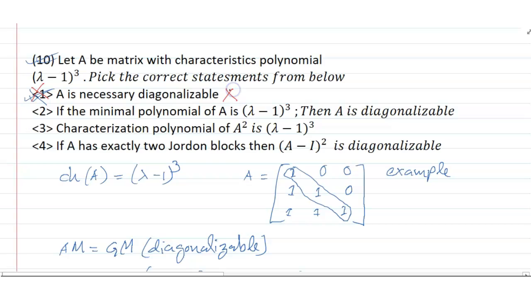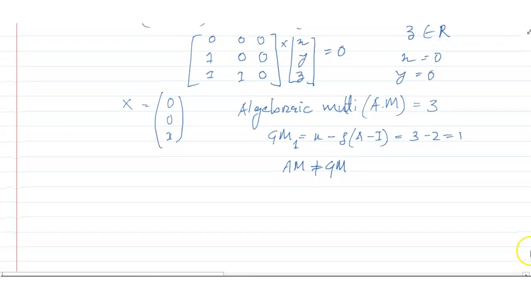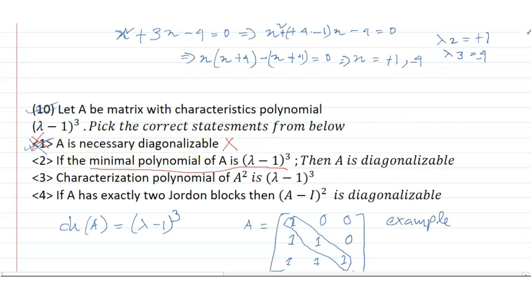This is wrong. Next question: if the minimal polynomial of A is (lambda minus 1) whole cube, then A is diagonalizable. Now this is also totally wrong.